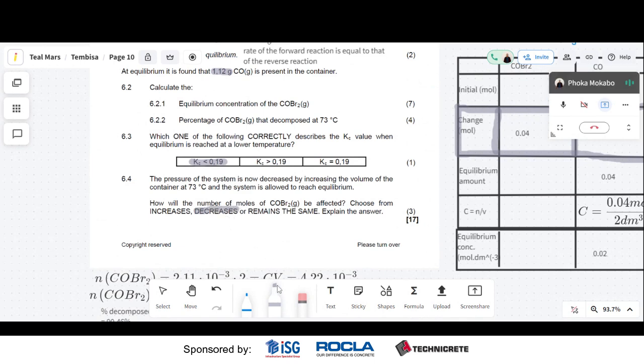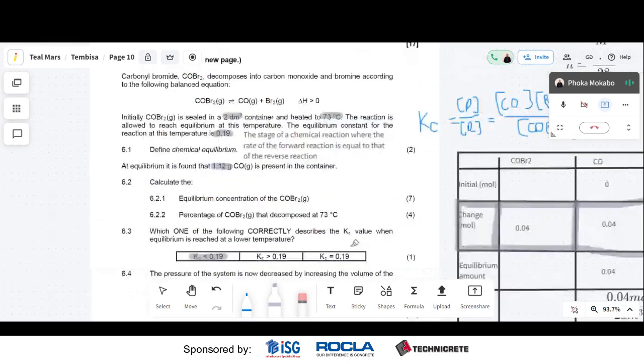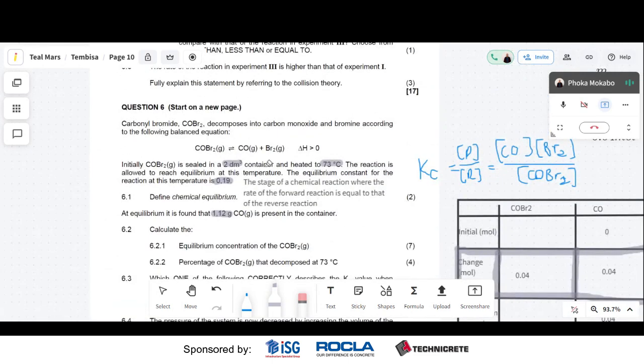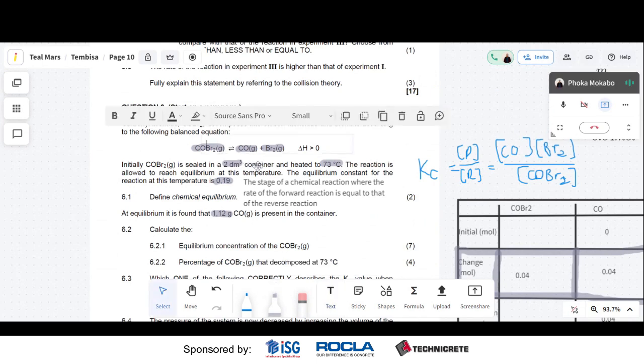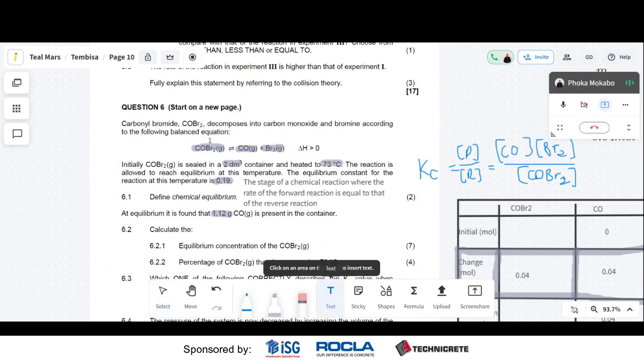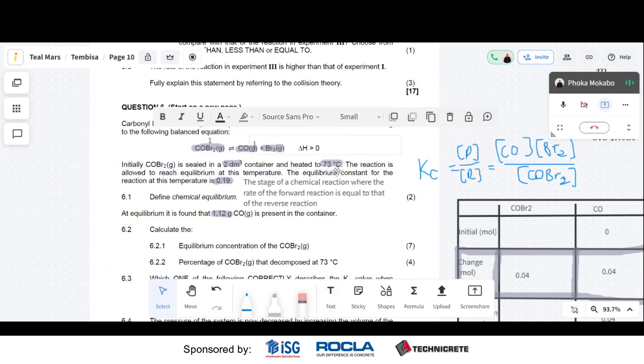And the reason for that is the fact that a decrease in pressure will favor the reaction that has the larger number of moles in gas. Now, in this case, you have 1 plus 2 moles on the product side versus 1 on the reactant side. Okay, you have 1 over here, and you have 2 on this side.